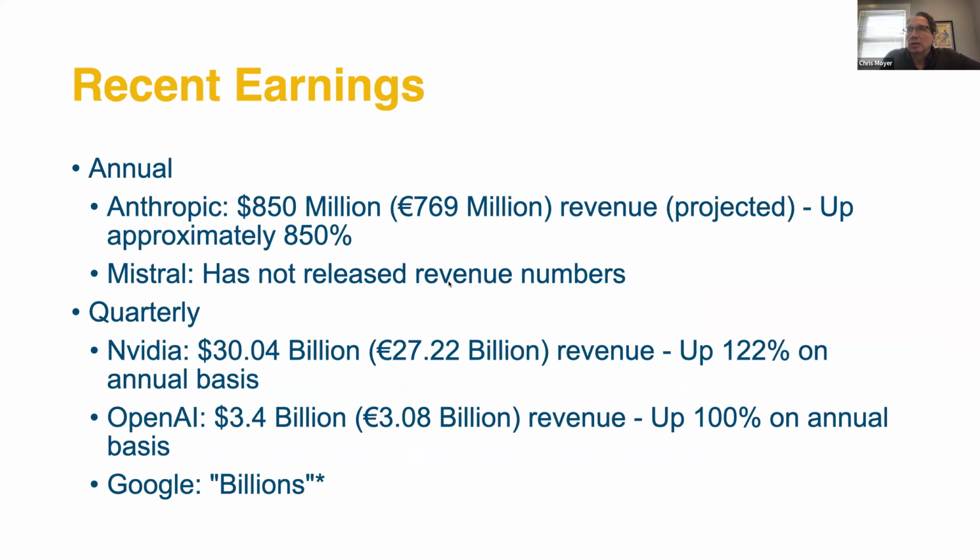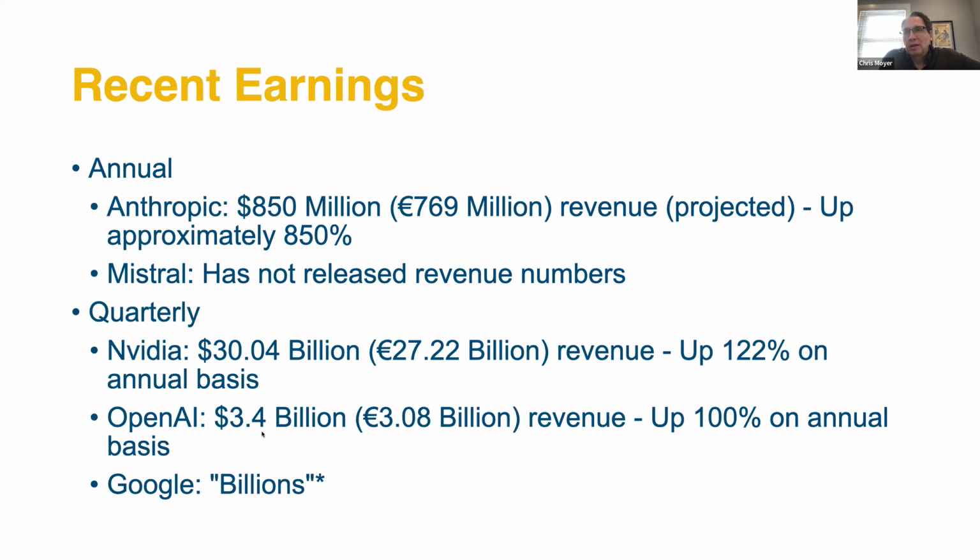They're making a ton of money off this stuff. Just some recent earnings to say, are these things financially viable? Anthropic made 850 million. OpenAI, as of the summer, was projected to make 3.4 billion. Now we're at end of year, it's 3.7 billion, which is nice. And by the way, 76% of their customers are individuals. There's not a ton of enterprise uptake on this, which means there's a ton of headspace for that in terms of upside.